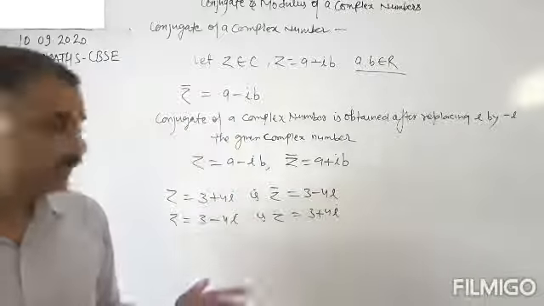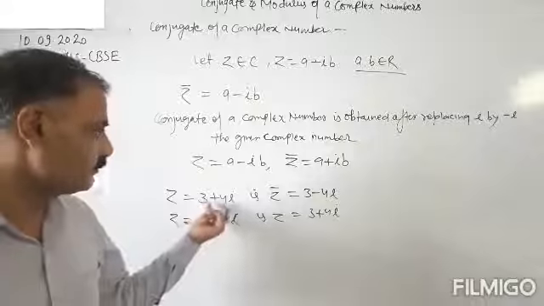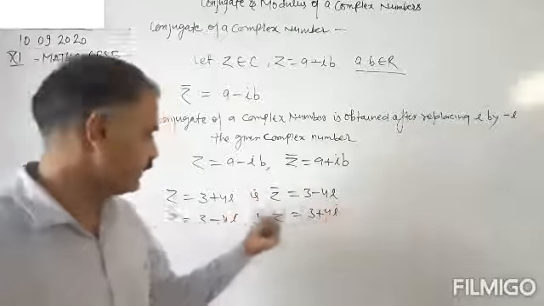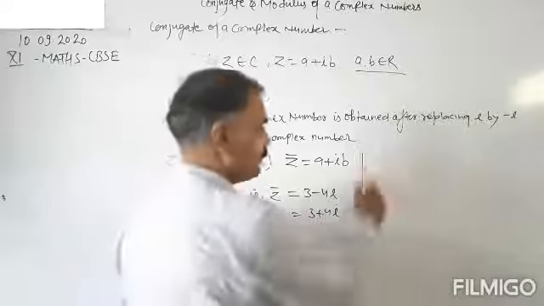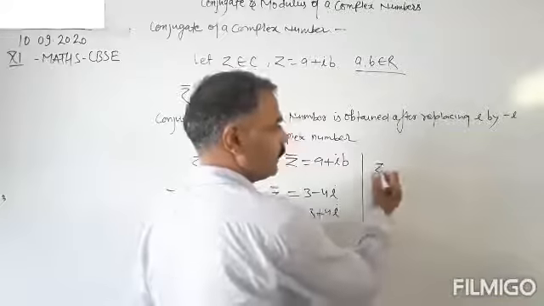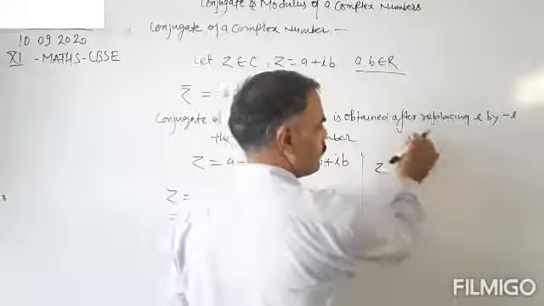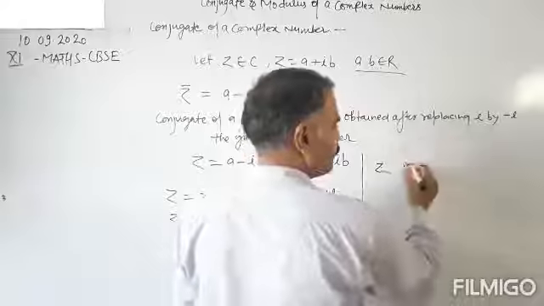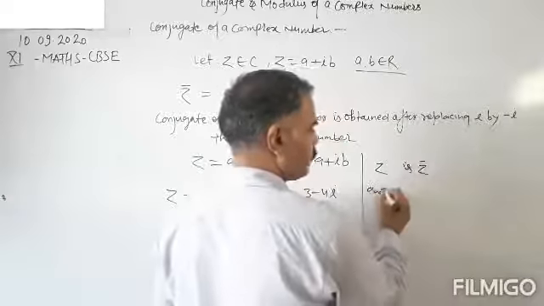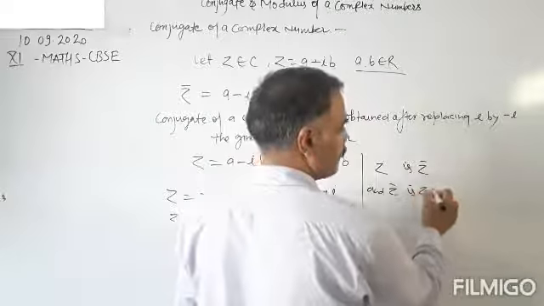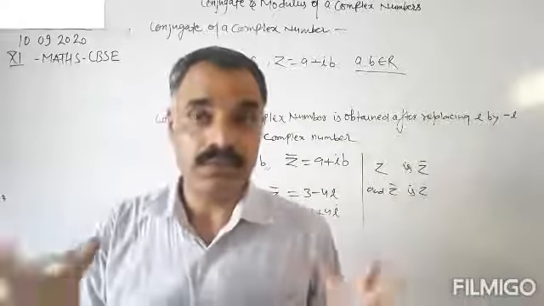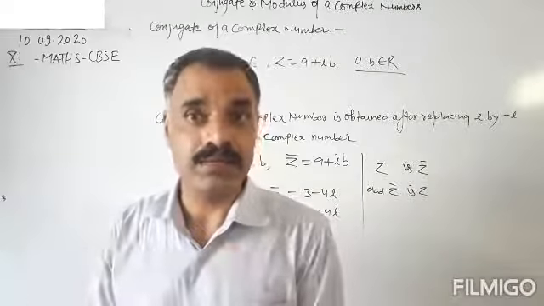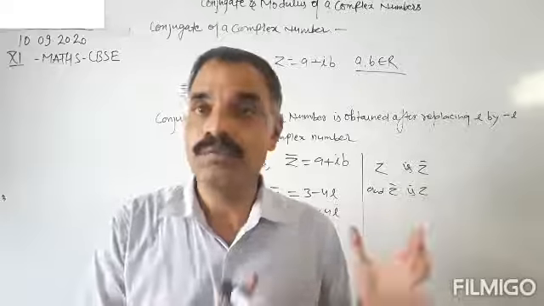Okay, so the conjugate of 3 plus 4 iota is 3 minus 4 iota, and the conjugate of 3 minus 4 iota is 3 plus 4 iota. So we can say that the conjugate of z is z bar, and the conjugate of z bar is z. Both are conjugates of each other.